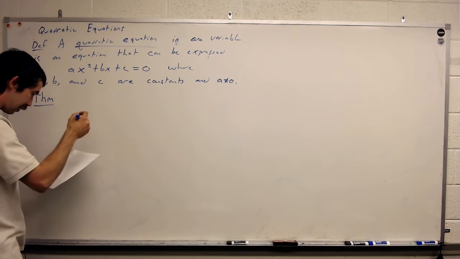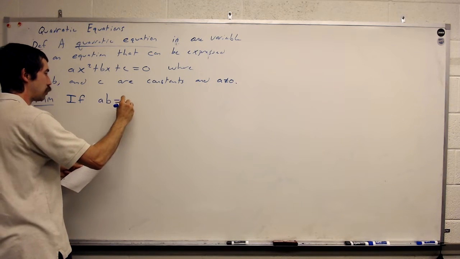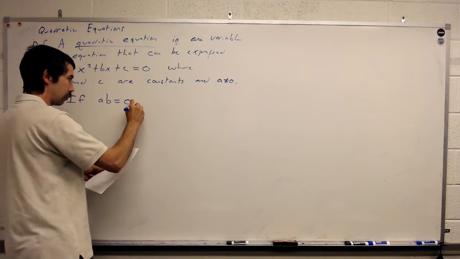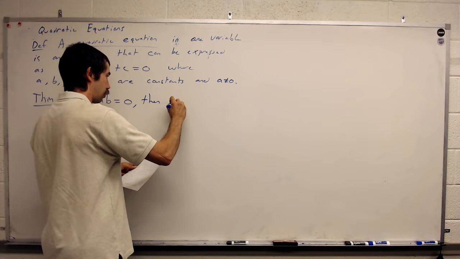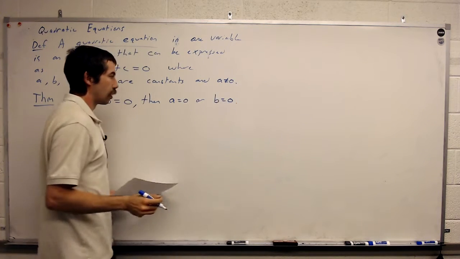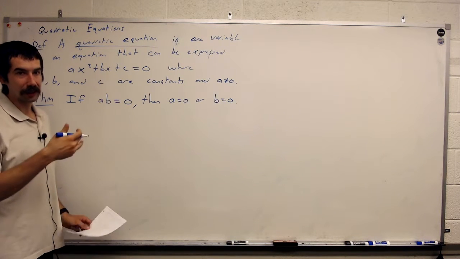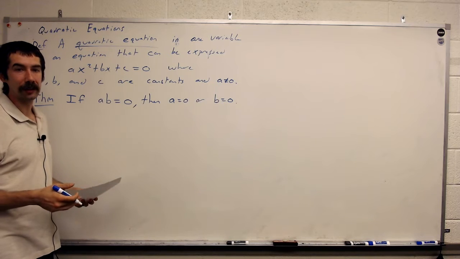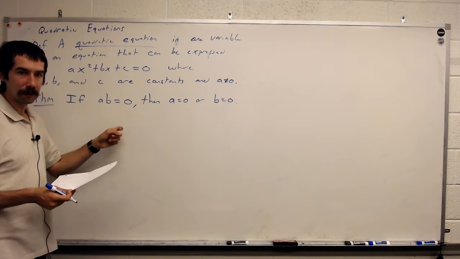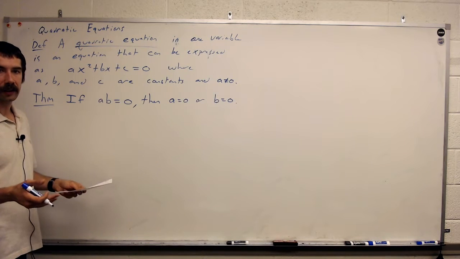This theorem says if a times b equals 0, so if two numbers multiply to give you 0, then a equals 0 or b equals 0. Okay, might be obvious. The only way two numbers can multiply to be 0 is if at least one of them is 0. But this theorem is going to play a big role in solving quadratic equations.